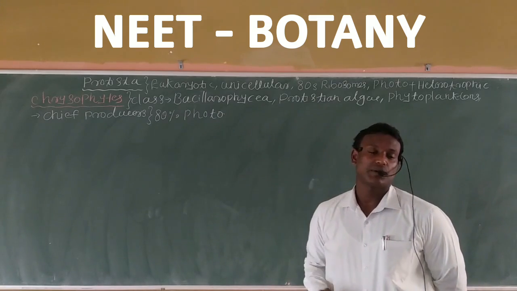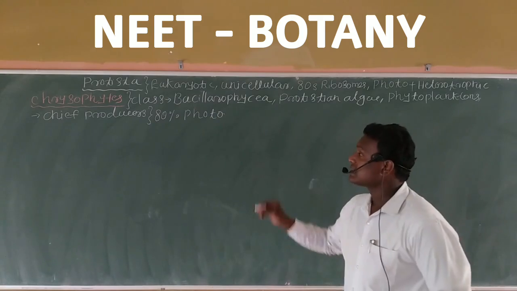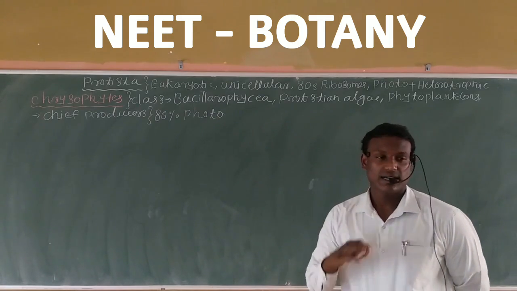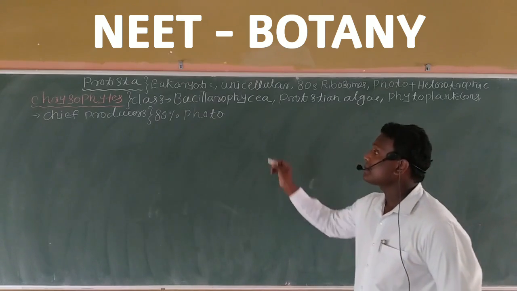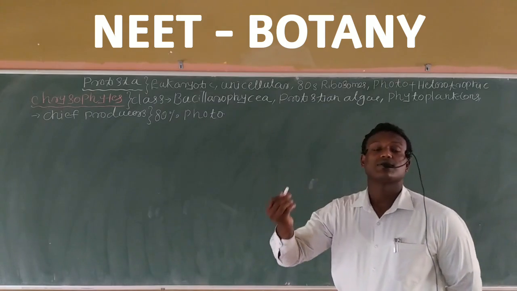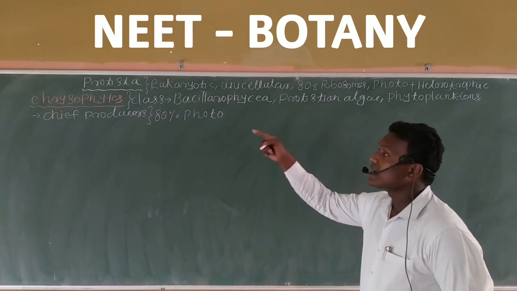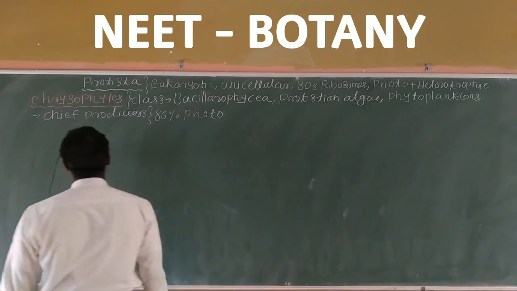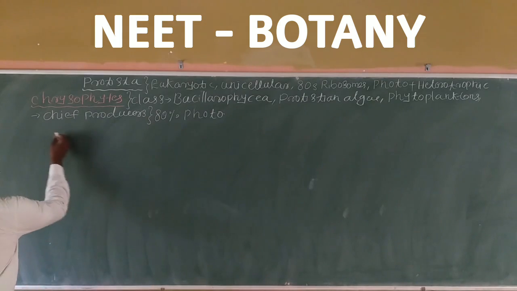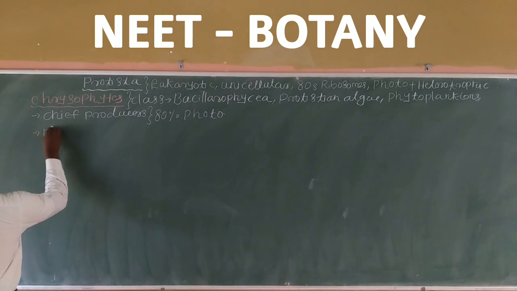Our chief producers, Chrysophytes. That's why they are considered chief producers of the ocean. 80% of photosynthesis will be carried out by Chrysophytes only. The second point, you have to know that these Chrysophytes are generally what?